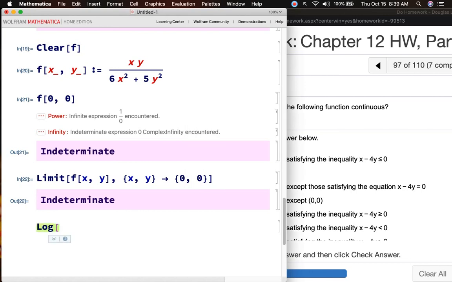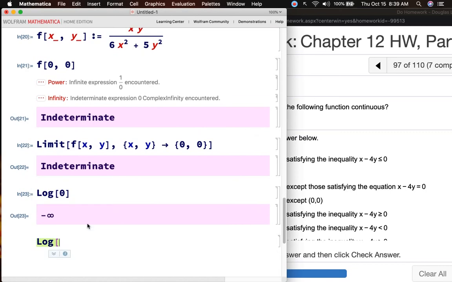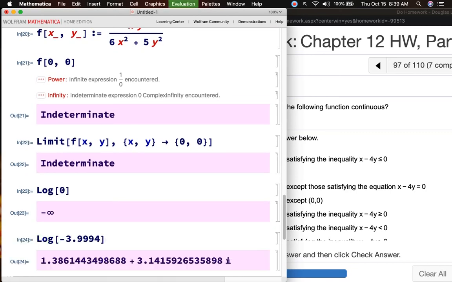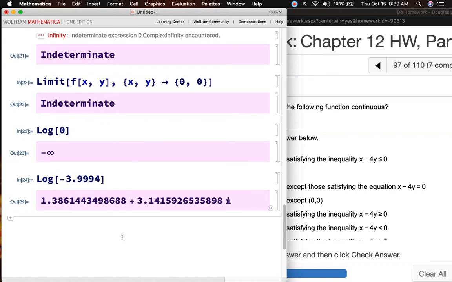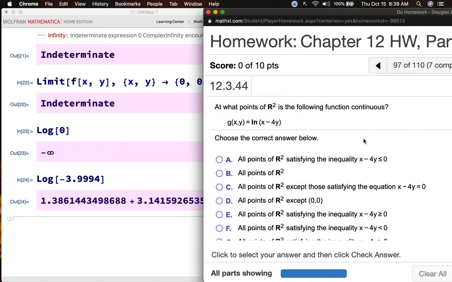So what is the log of 0? Okay, negative infinity. What is the log of negative 3.9994? Okay, it's a complex number, but we're not working in the complex domain in this course. Okay, so we're only interested in real numbers. This number has an imaginary part, so we're not interested in dealing with that in this course, right?